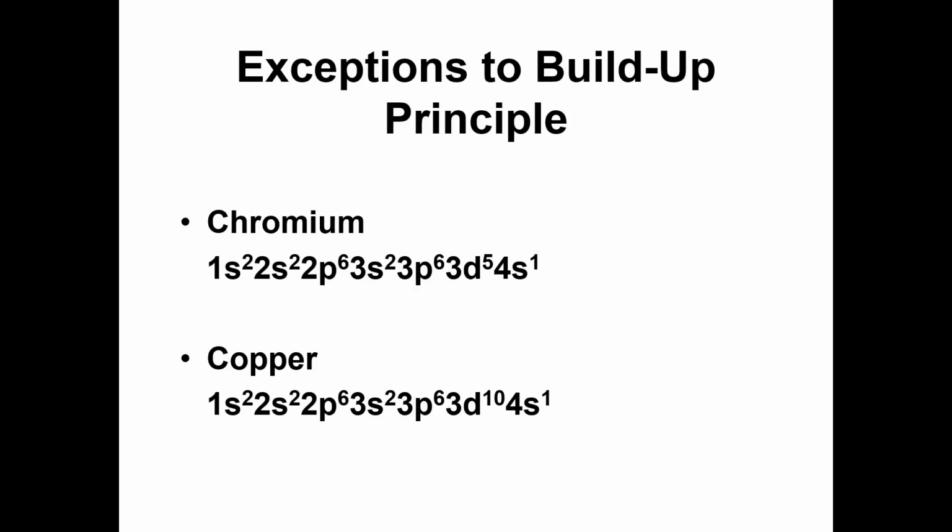A couple of exceptions: chromium and copper are exceptions. If you look at the transition metals, chromium and copper are in the same group. What you would expect, if you just fill in the 4s2, is argon, 4s2, 3d4.